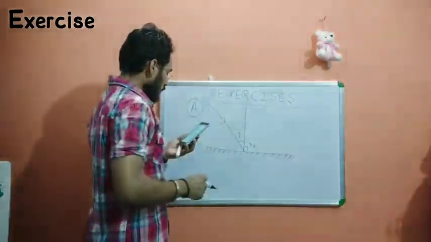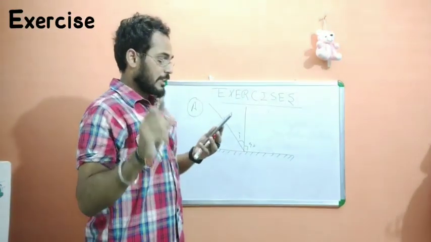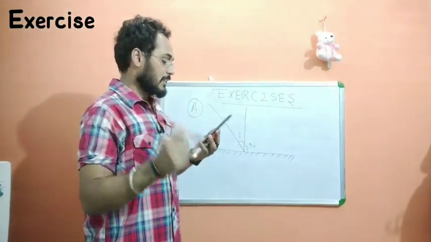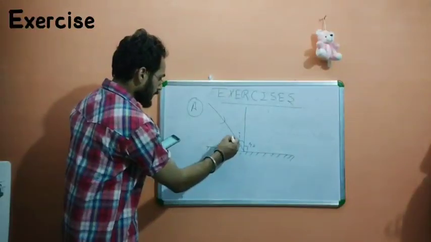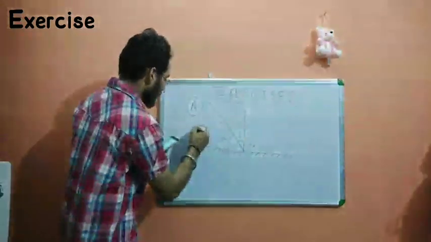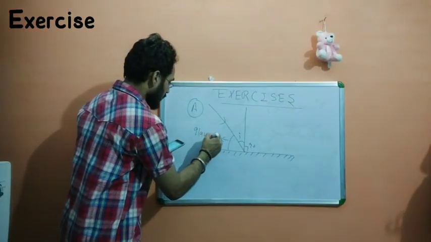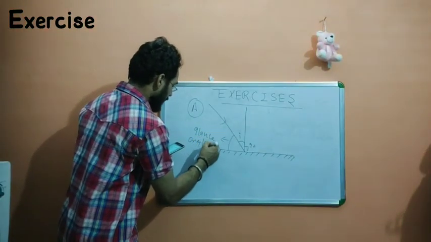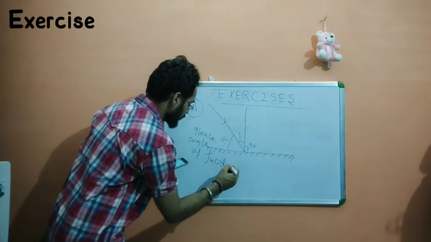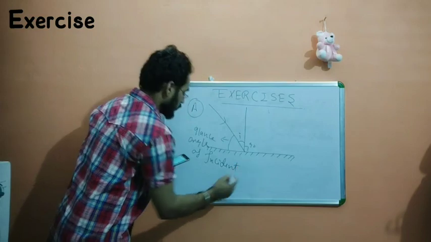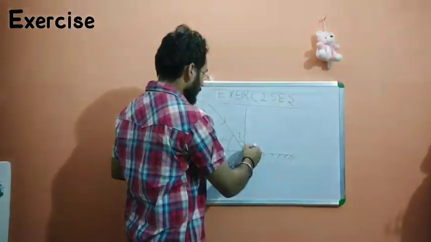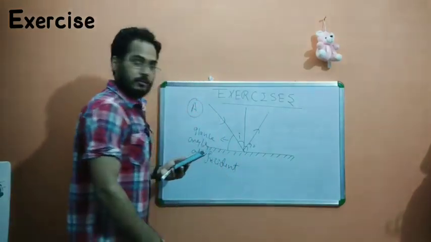Now it is said, what is the angle equal to 90 minus the angle between the mirror and the incident ray called? Since you know that the angle formed between the mirror and the incident ray is called the glance angle of incident, because the glance angle is of two types: one is glance angle of incident and one is glance angle of reflection.